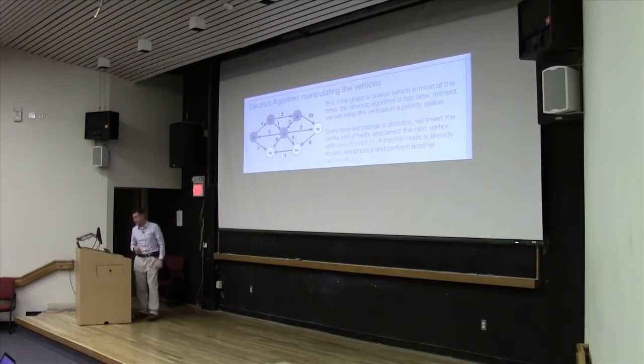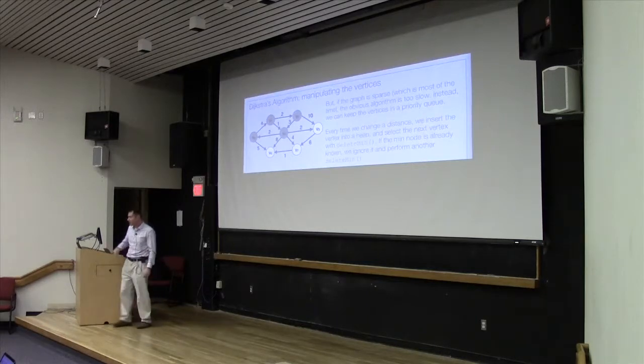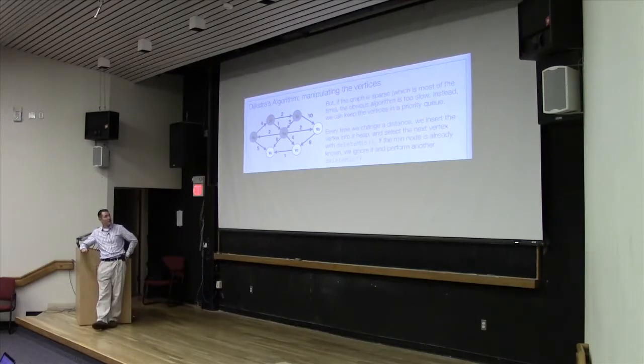Most graphs are not dense, and so we have to think of a slightly different way of doing this. If the graph is sparse, what we can do is change this such that we use a priority queue. One of the reasons we beat into you the idea of a heap and a priority queue is so that when we got to graph algorithms, we found a good use for them.